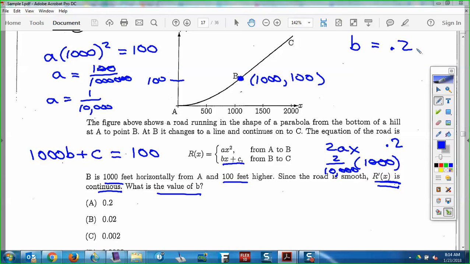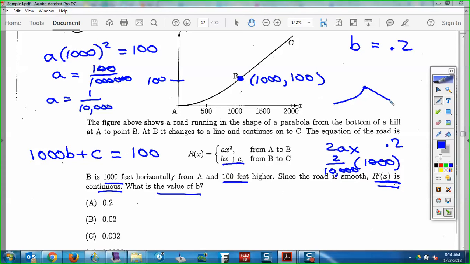Okay? Because the slope of the line is B and the slope of the parabola, and that's actually something we're going to learn in section 4.9, differentiable. To be differentiable, we have talked about it with piecewise function. We've said for a function to be continuous, they have to have the same y value, but you could have one graph do this and then the line take off like this.